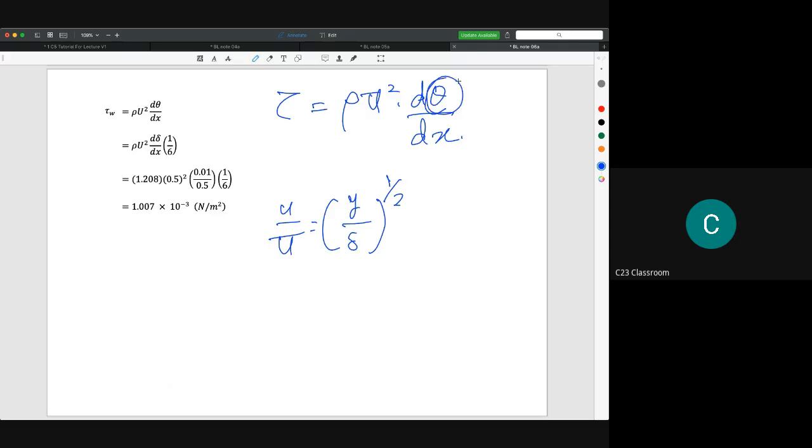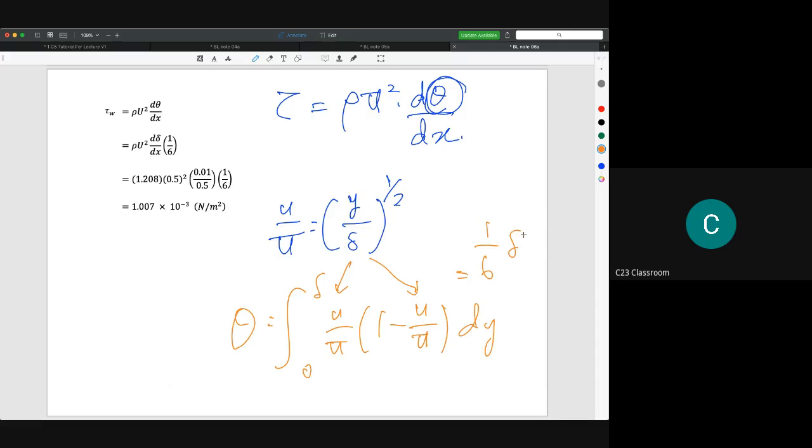Theta can be calculated by using our previous equation, the integral from 0 to delta of u over U times 1 minus u over U dy. You substitute here, and finally you will get it equal to 1 over 6 delta. So you substitute 1 over 6 here, and d theta becomes d delta. Okay, and now we could solve this problem.